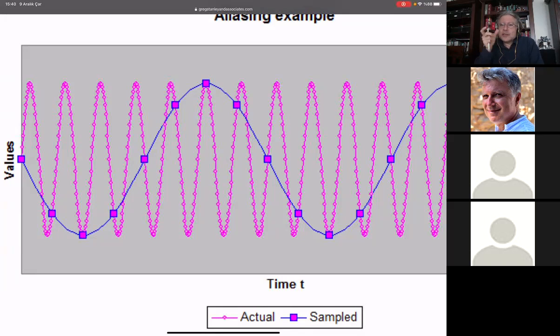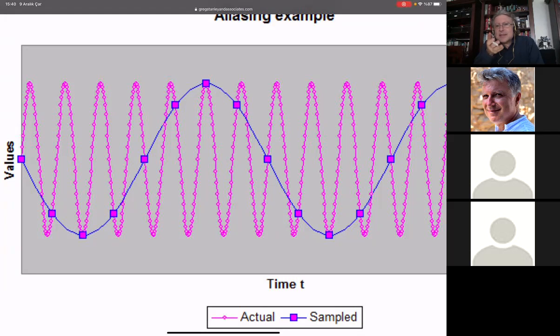But if you choose the sampling period to be large, or the sampling frequency to be smaller than twice of the maximum frequency or the frequency of the sinusoid, then those square, larger blue points would correspond to the sampling points. And if you interpolate those sampling points, as you see, you come up with still a sinusoid, but it will be a different sinusoid.